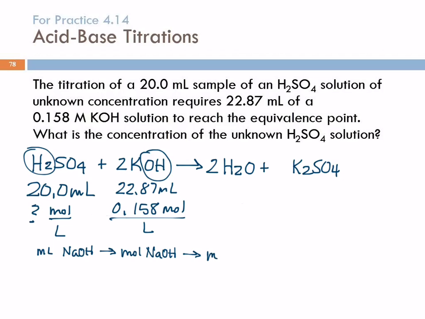Where did you get sodium? I don't know. Thank you. Because it's always sodium. Potassium, thank you. Potassium hydroxide to moles of, NaOH is in the beginning too. Thank you, I'll fix it.